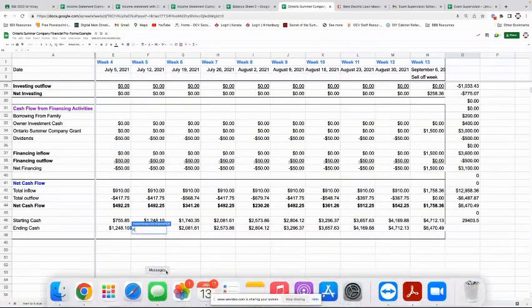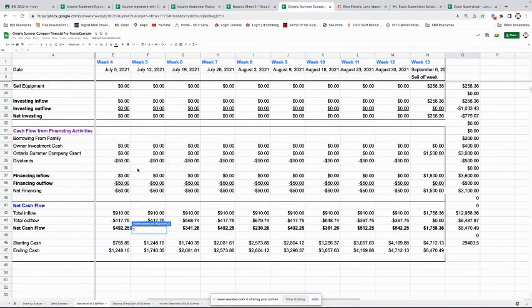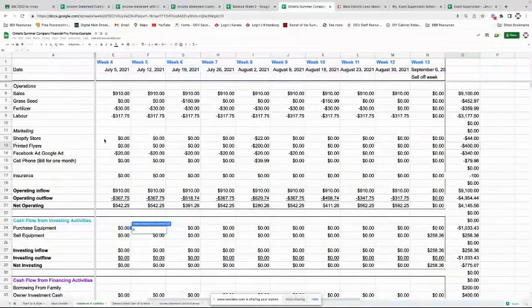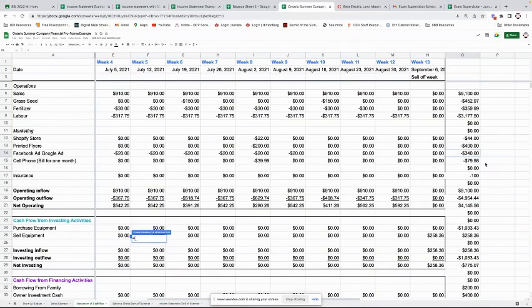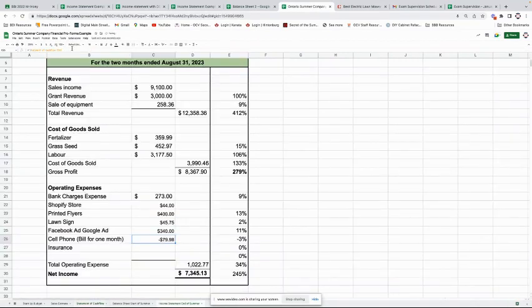Go back to my statement of cash flow. So $340 I'm going to spend over the course of the summer. And then the cell phone bill. Statement of cash flow, cell phone bill is this amount here. And I'm going to times that by -1 to make that a positive number.